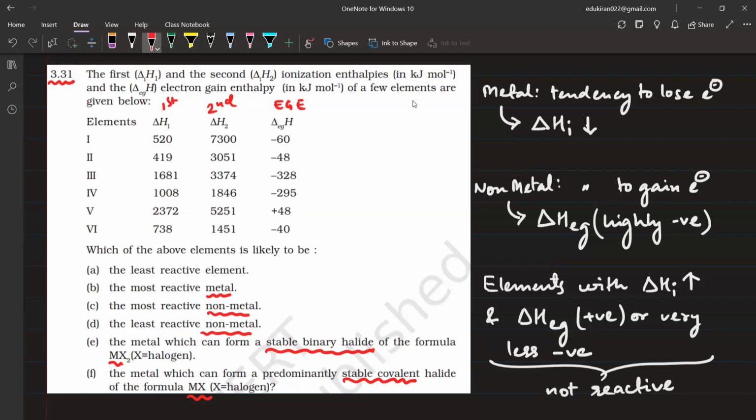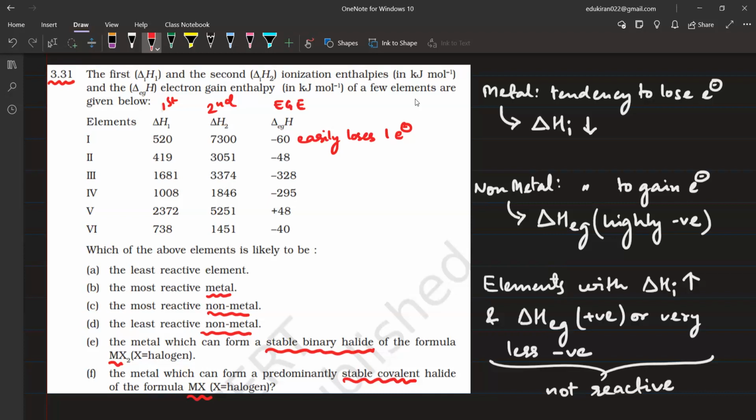And the second ionization enthalpy is very high. That means it does not want to lose the second electron. So I will write: easily loses one electron. And as you can see, the electron gain enthalpy is not very high. It's minus 60 only, so not very highly negative.